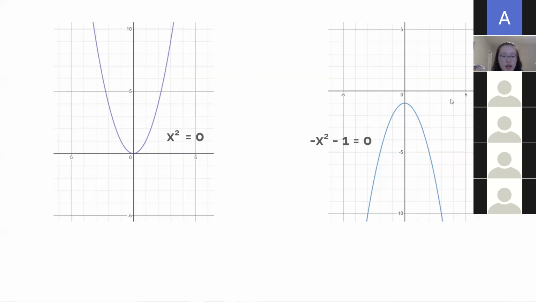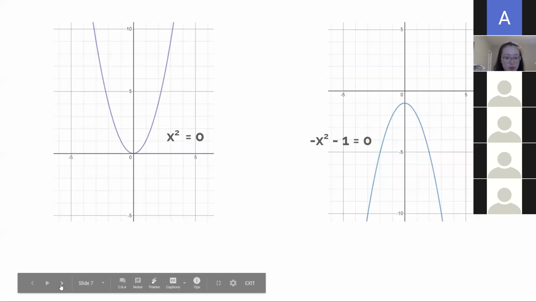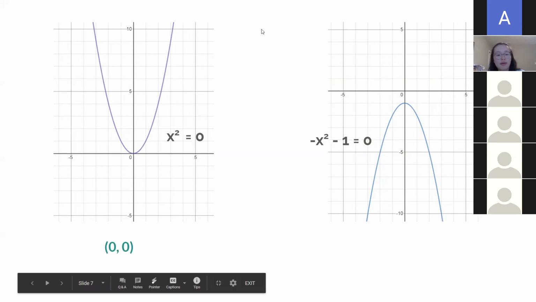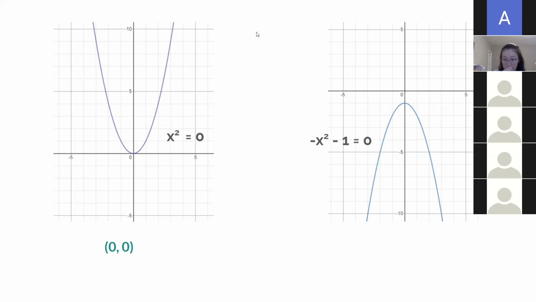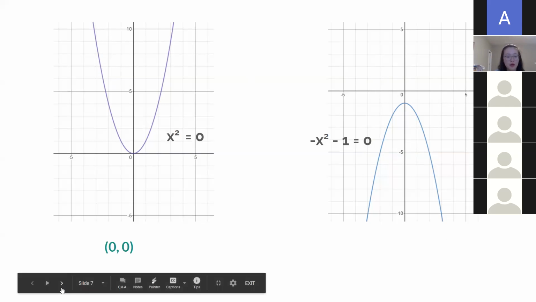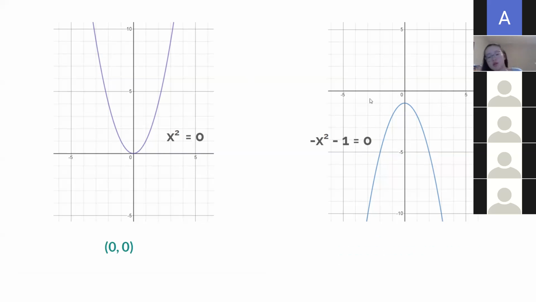So 0, 0 is the first one. What about the second one? Good. So the vertex to our second quadratic is 0, -1.